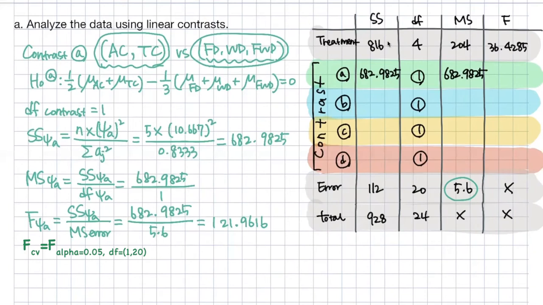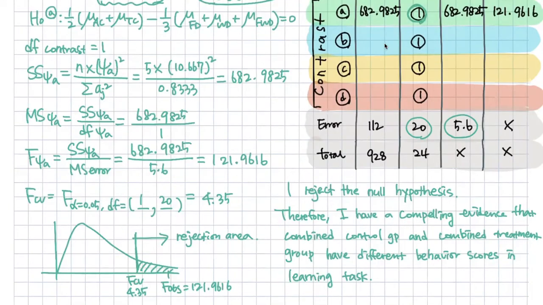So mean square error degrees of freedom is 20. If you find the F value in the F table, it is 4.35. I have compelling evidence that combined control group and combined treatment group have different behavior scores in the learning task.